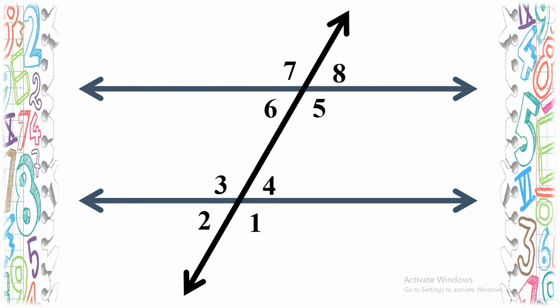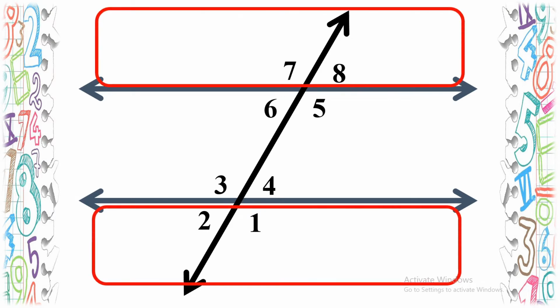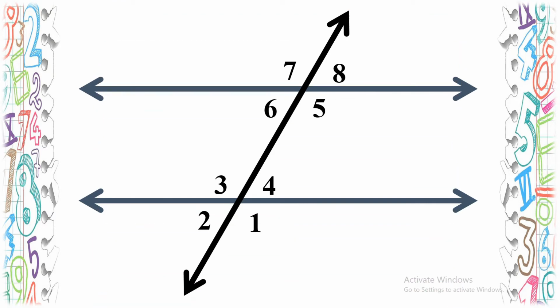What are the exterior angles? Very good. We have angle 7, angle 8, angle 2, and of course, angle 1. How about the interior angles? You're right. We have angle 6, angle 5, angle 3, and angle 4.